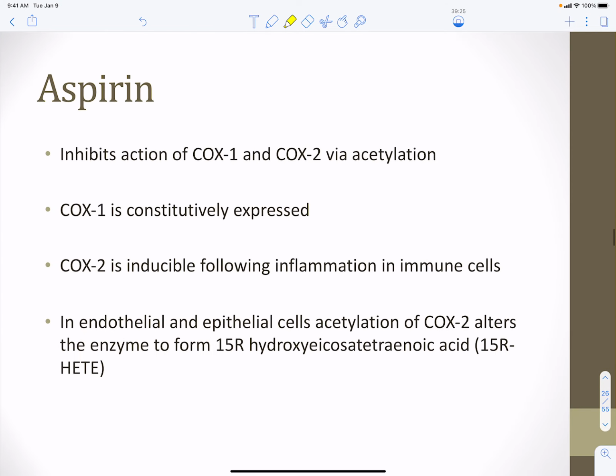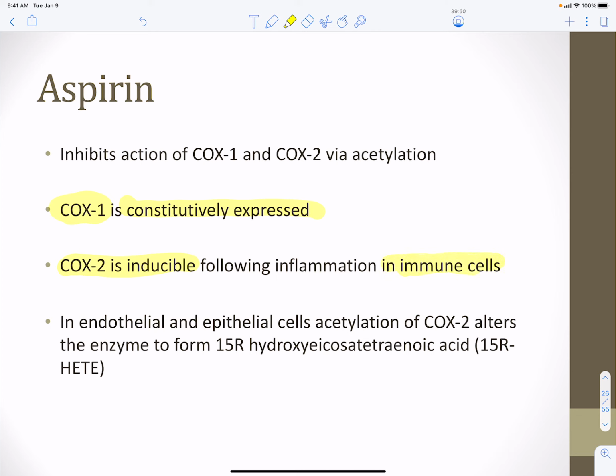So aspirin is going to inhibit cyclooxygenase 1 and 2, and it's important to understand what the difference between cyclooxygenase 1 and cyclooxygenase 2 is. COX-1 is going to be constitutively expressed, which means it's always on. COX-2 is inducible. So 2 is going to be inducible in immune cells only, our white blood cells.